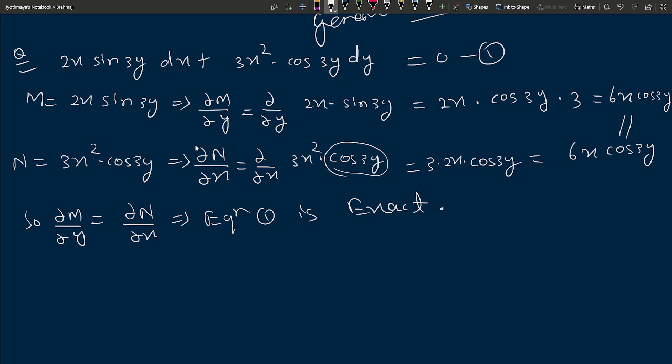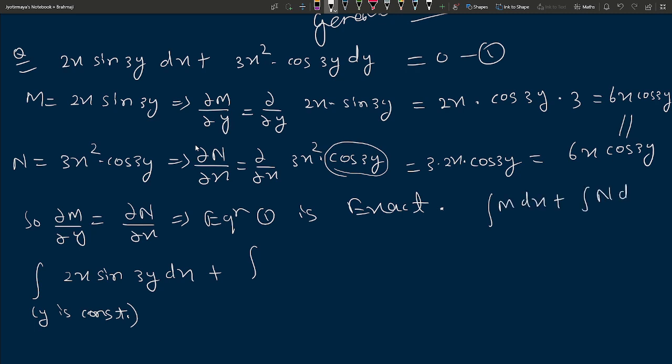Now if equation 1 is exact, you can solve it, and its solution is integration of m dx, that is 2x into sine 3y dx, where y is a constant, plus integration of n dy. Now the rule is integration m dx plus integration n dy. Here you will treat y as a constant, and here take only the terms without x.